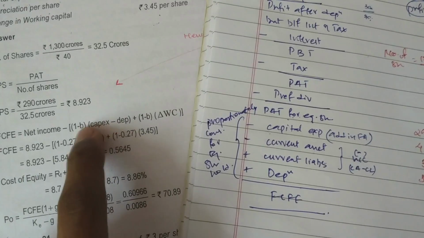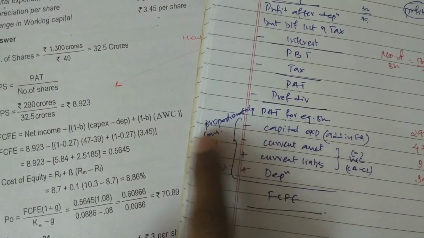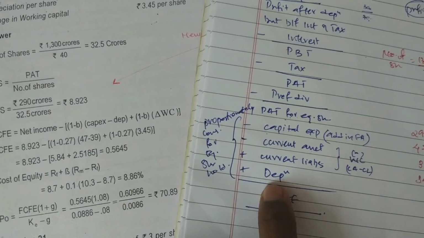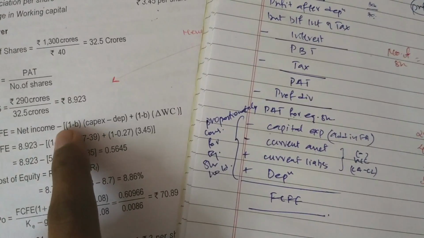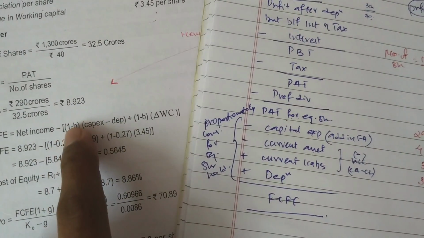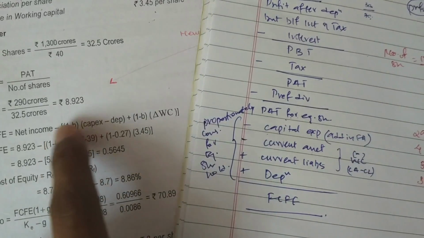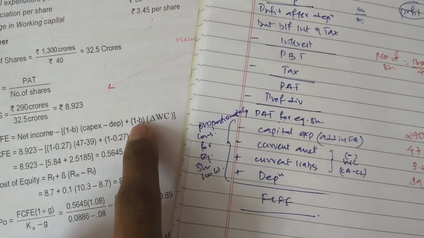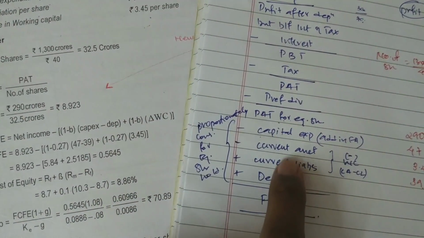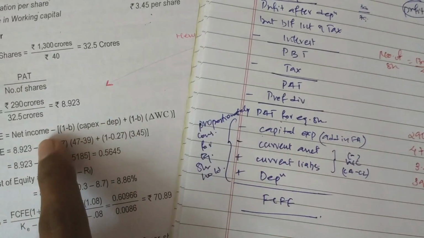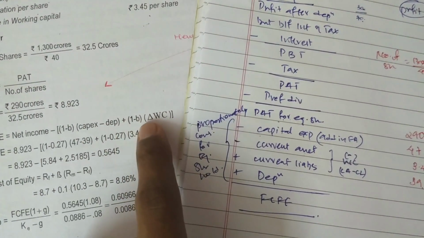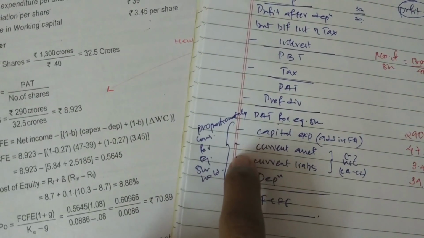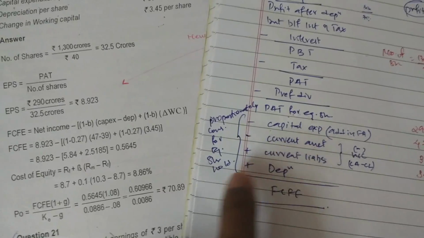Then 1 minus B into your depreciation, again taken proportionately; it is minus of minus, so it is plus depreciation proportionately. Again, 1 minus B into change in working capital, with a minus, so working capital is reduced and depreciation added. Eventually it is your FCFE.